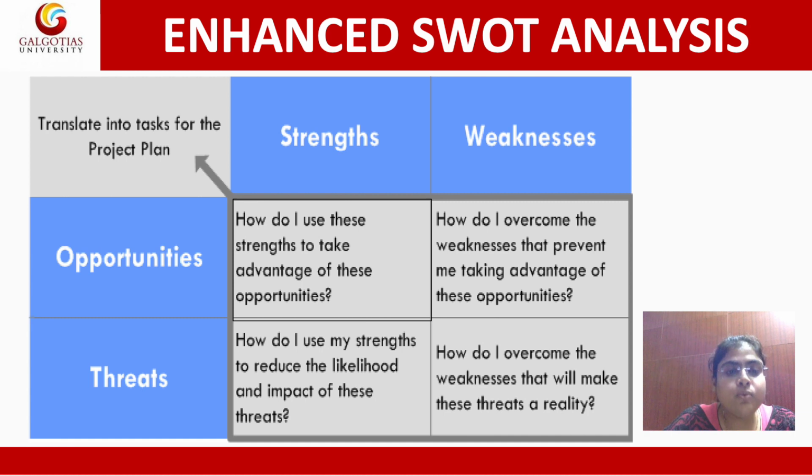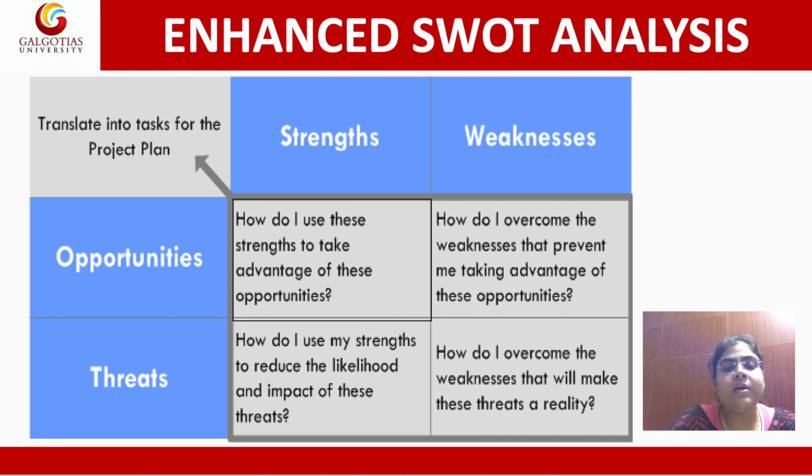how do I use the strengths which an organization has to take advantage of the opportunities. How should an organization use the strengths for maximizing the opportunities? Second, how should an organization use its strengths to decrease the impact of the threats?